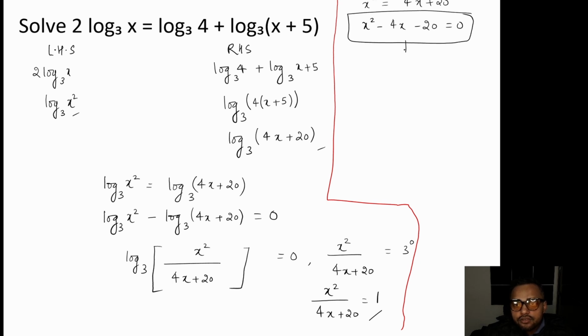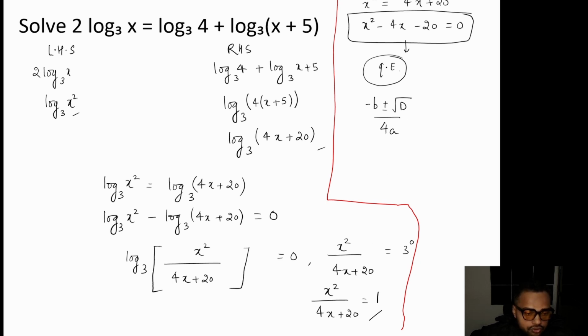Just tell me the solution in the comment box below. This is a quadratic equation, so we can directly find the value of x by applying the quadratic formula, x equals minus b plus minus under root of b square minus 4ac upon 2a. So we'll be able to get the value from here.